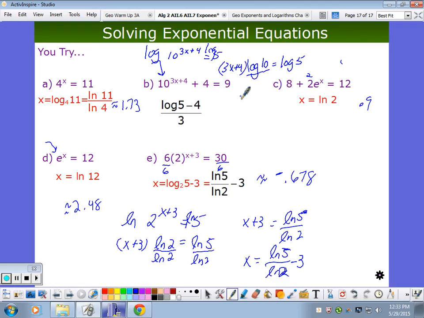What is the log base 10 of 10? 1, right? Because there's a 10 here. 10 to what power is 10? 1. So now I've got 3x plus 4 equals the log of 5. Subtract 4. 3x equals log 5 minus 4, and divide the whole thing by 3, and that's where I got that.